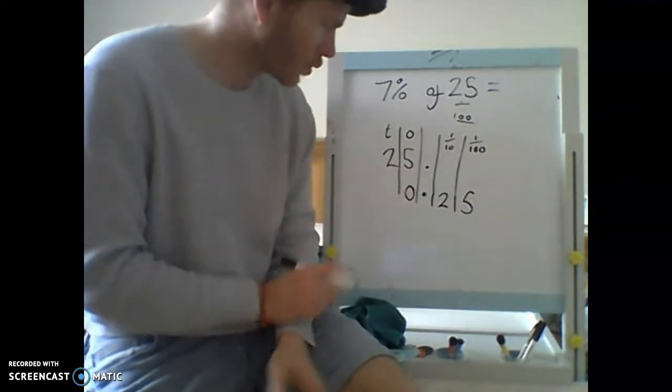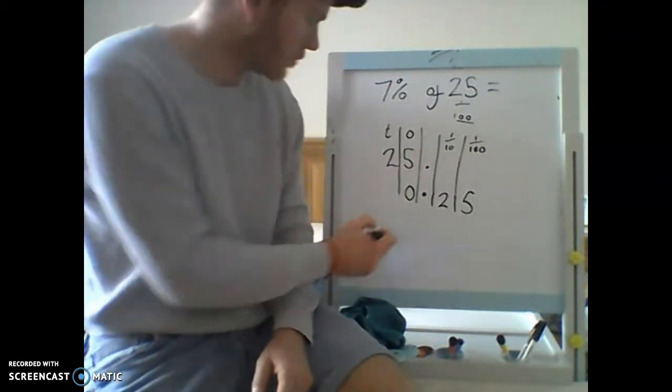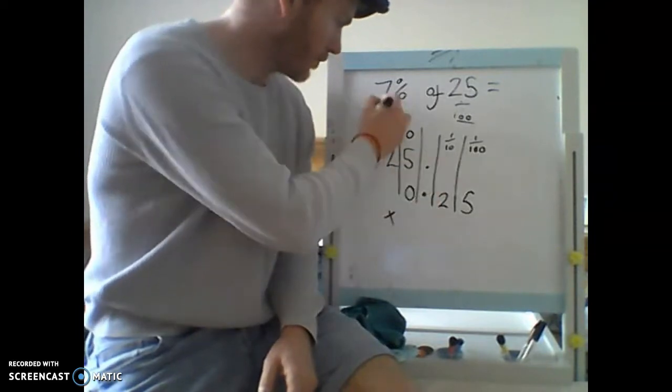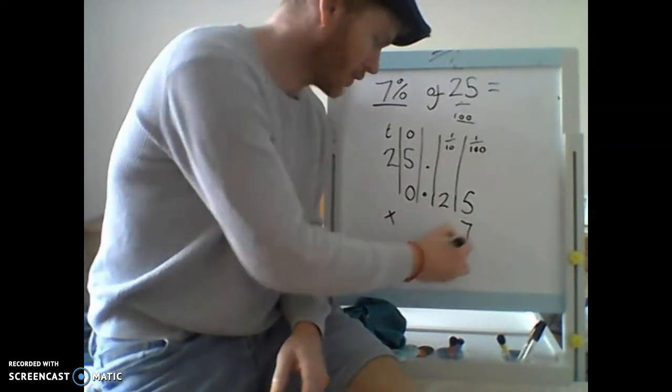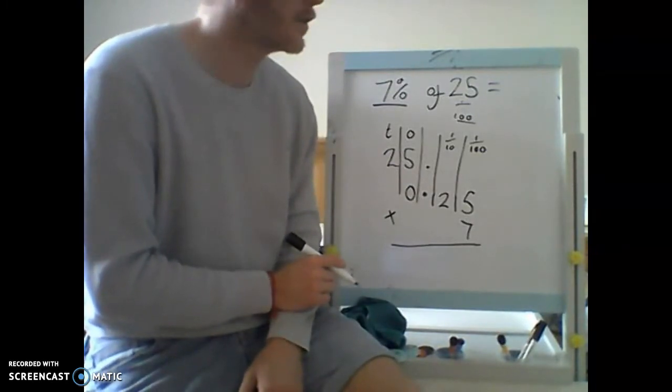So we've got the answer 0.25, and what do we do with this? What we actually do is multiply that number by the percentage. Here we multiply it by 7. So we've got 0.25 multiplied by 7.